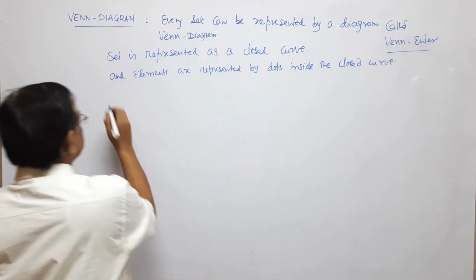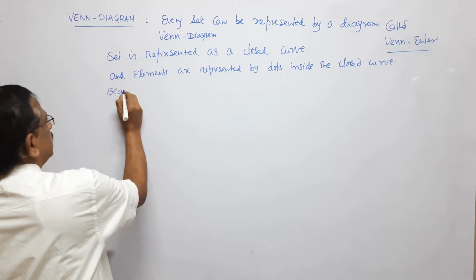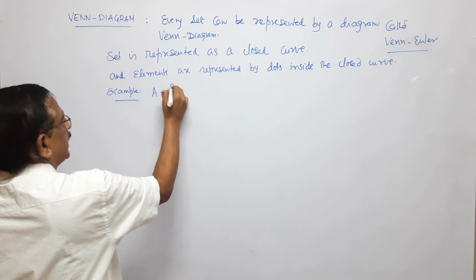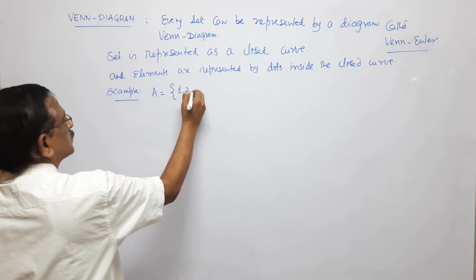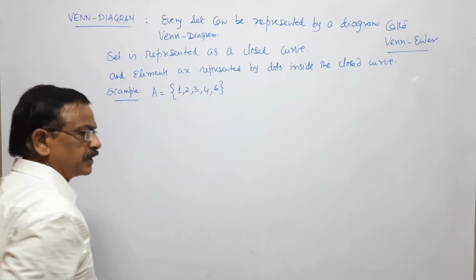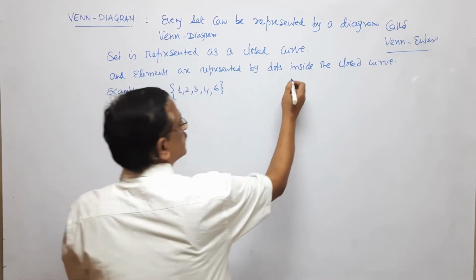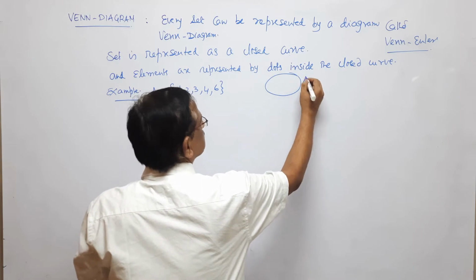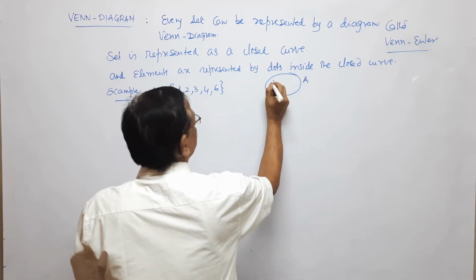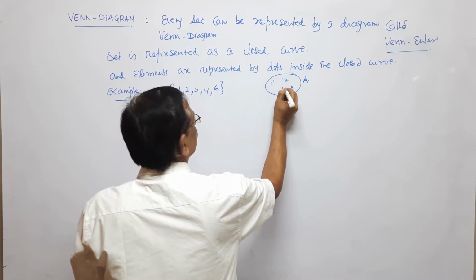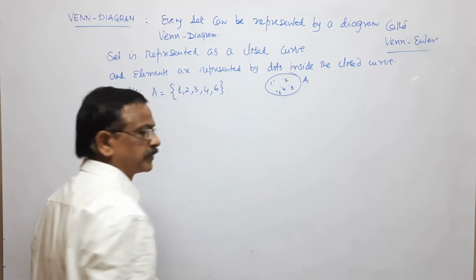So let us give an example. If A is given as 1, 2, 3, 4, 6, this can be represented by a diagram. It's a closed curve. I'll say set A. You can write down 1, 2, 3, 4, 6.